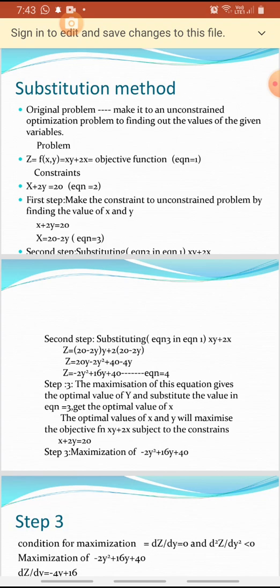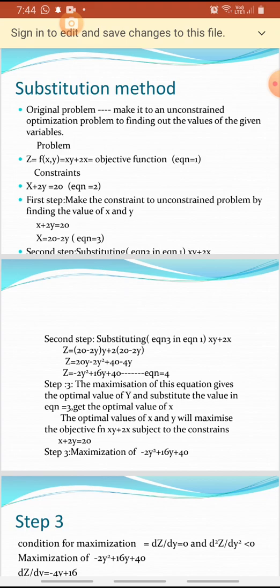The second step is to substitute the value of x, that is x equals 20 minus 2y, in the objective function xy plus 2x. Mark this as equation 3: x is equal to 20 minus 2y. We are substituting equation 3 in equation 1.